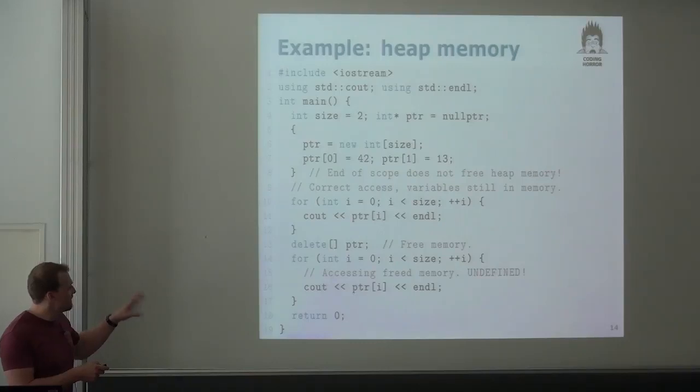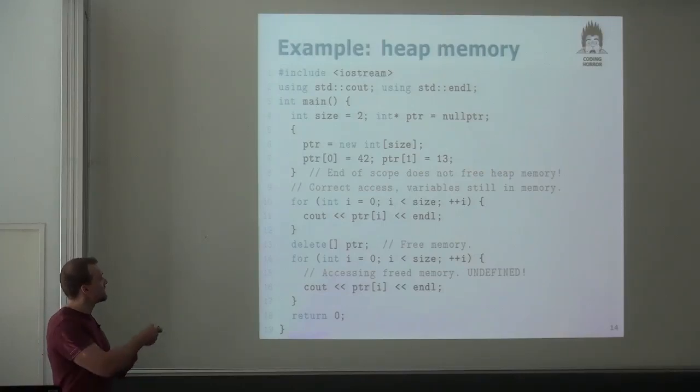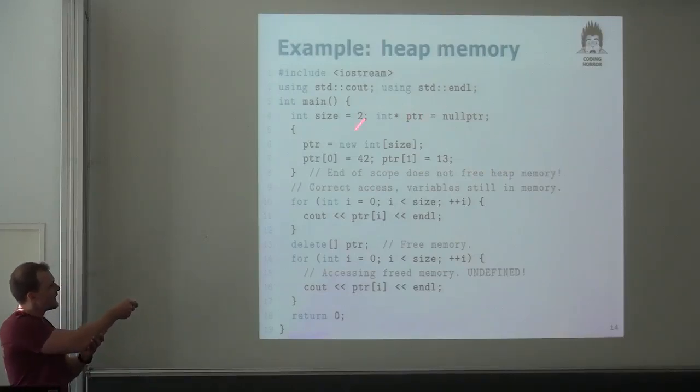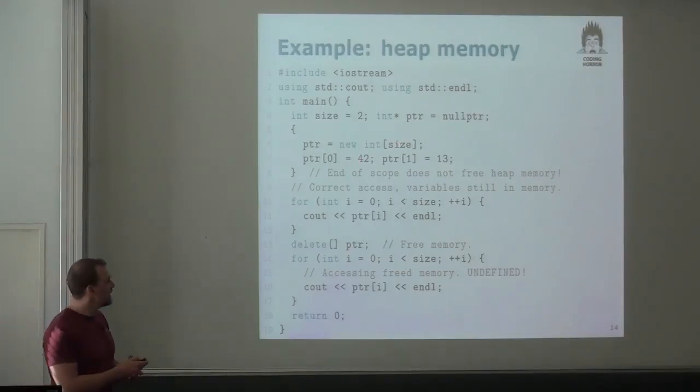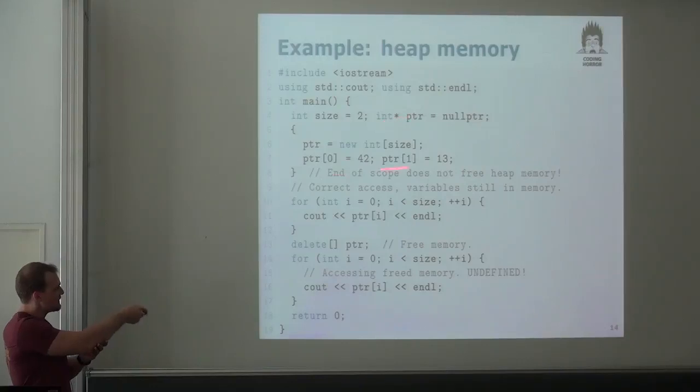It's a bit mangled over here because, again, place on the slide is finite. So what we do here is we create a pointer on the stack that points to nothing, and then we set it to an address on a heap, and this address is just some array on a heap of size 2. Then we set those values for the array, and then we go out of scope.